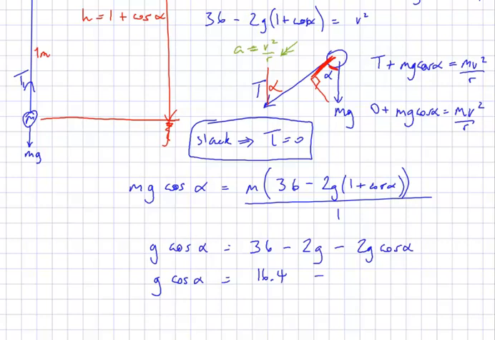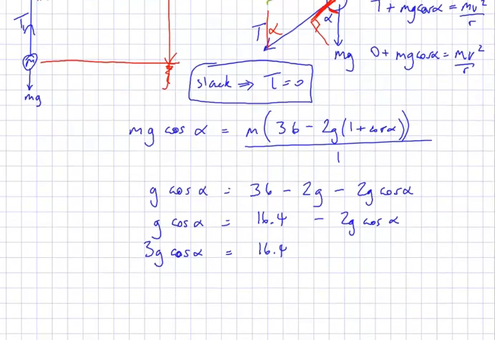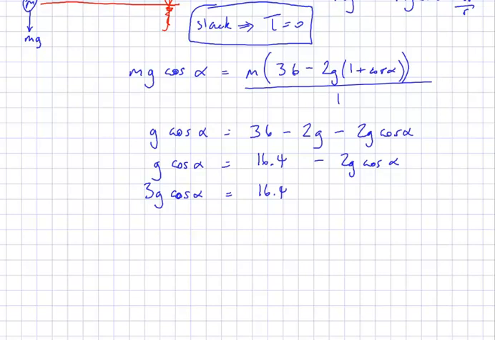I've still got 2g cos alpha here, so hang on a second, I've got g cos alpha on this side, I've got minus 2g cos alpha on the right hand side, so bring those together, I get 3g cos alpha, leaves 16.4, and therefore, if I divide by 3g and do the inverse cosine, I'm going to end up with an angle of, let me get my calculator out, 56.09, so let's just call it 56.1 degrees, correct to one decimal place.